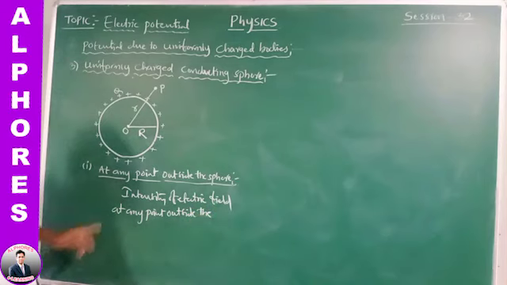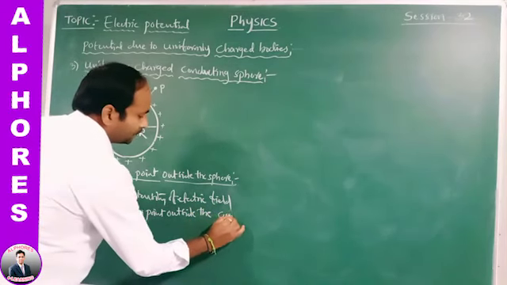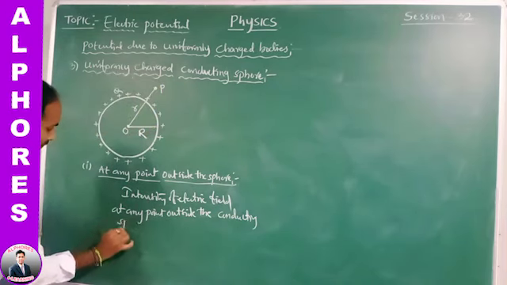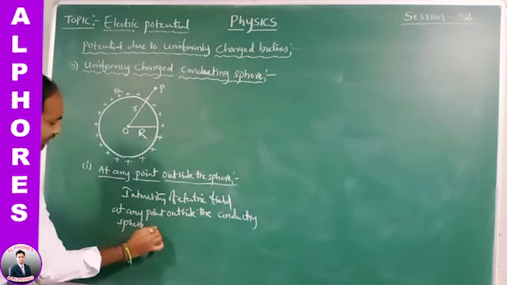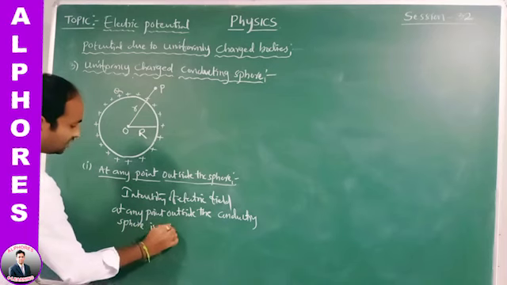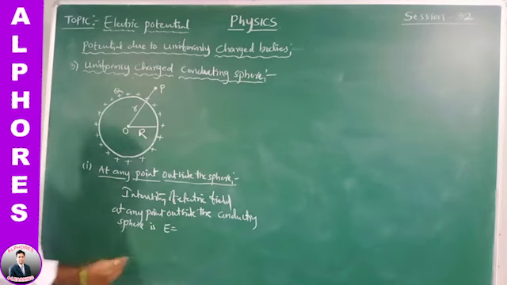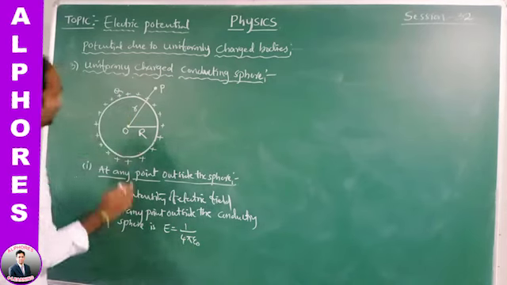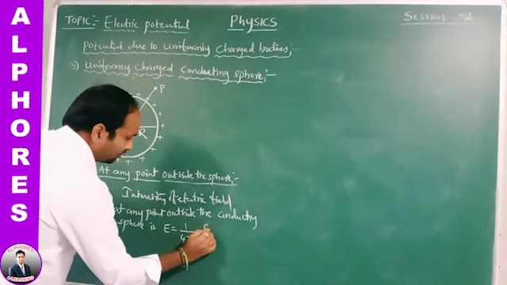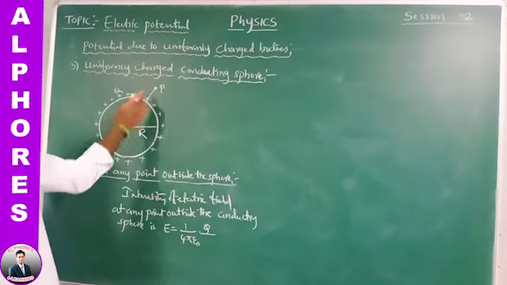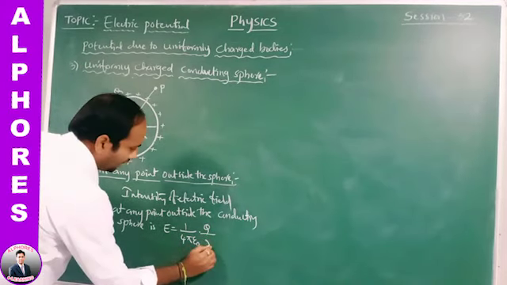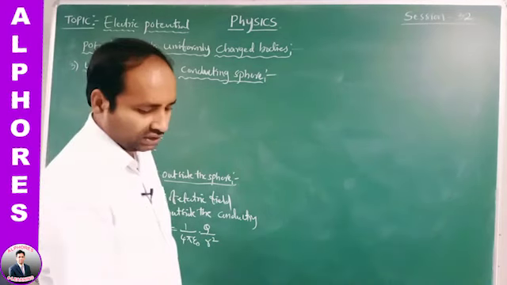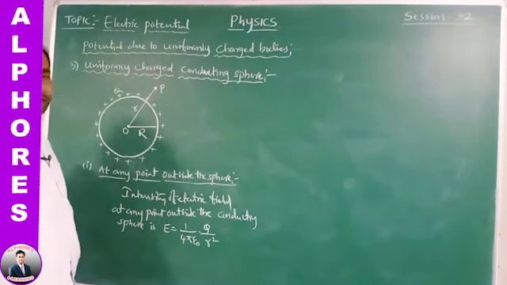Outside the conducting sphere, E is equal to 1 by 4 pi epsilon naught. What is the charge here? Capital Q. And what is the distance of the point P from the center? r. So E is 1 by 4 pi epsilon naught Q by r square. This is the electric field intensity.